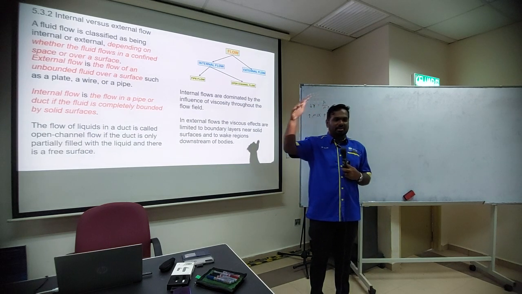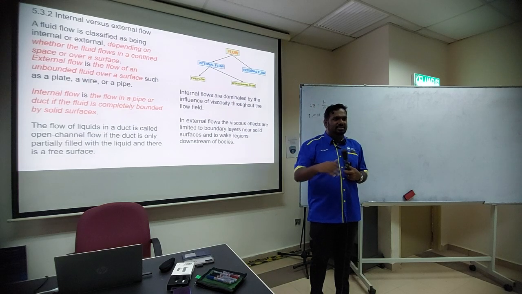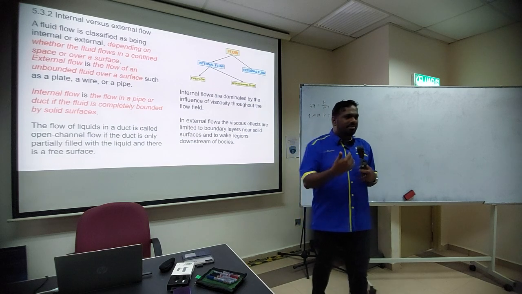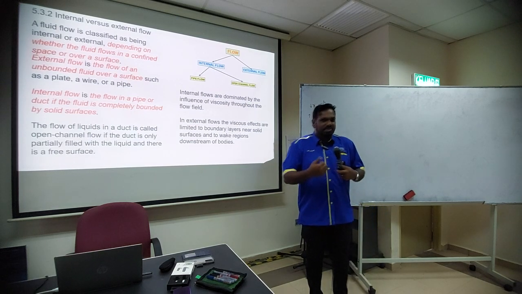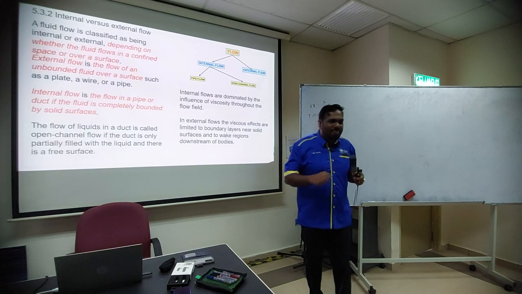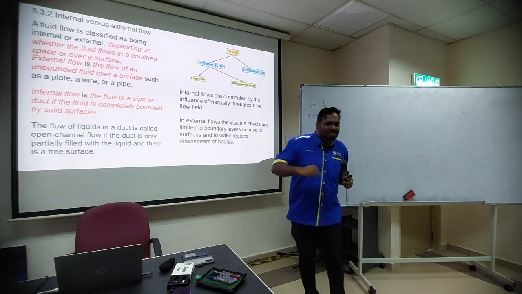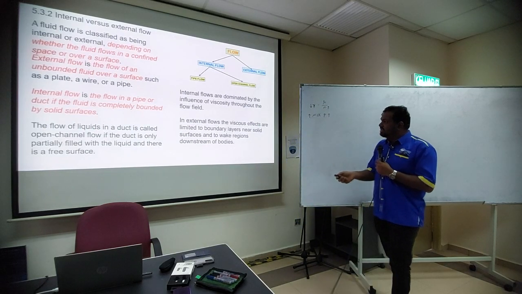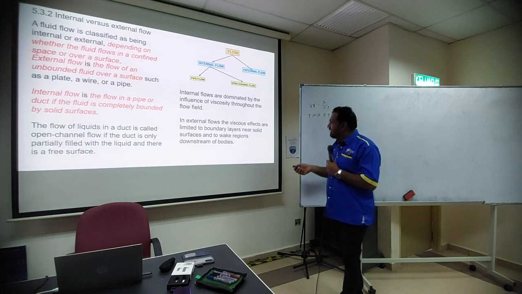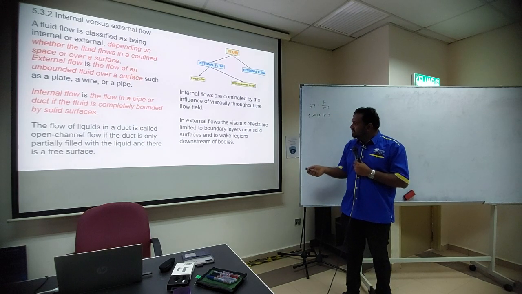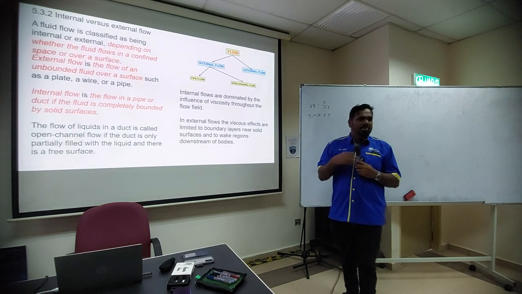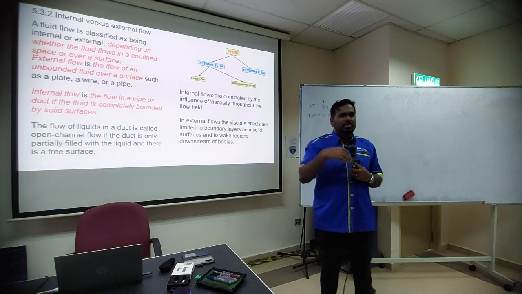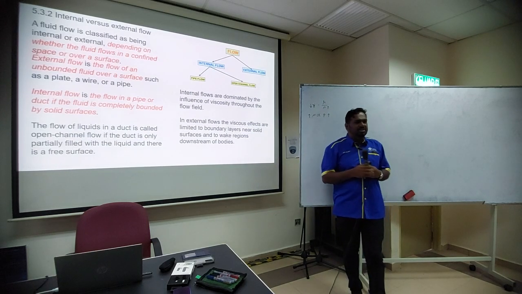All the sides have a solid surface, so it will be subjected to friction and it will be hard to move. Even if we want to move inside a pipe it is very hard, because our body will have friction. Similarly, in external flow, the viscous effects are limited to boundary layers near solid surfaces and to a weak region downstream of the body. External flow has open space, so it is less subjected to friction.